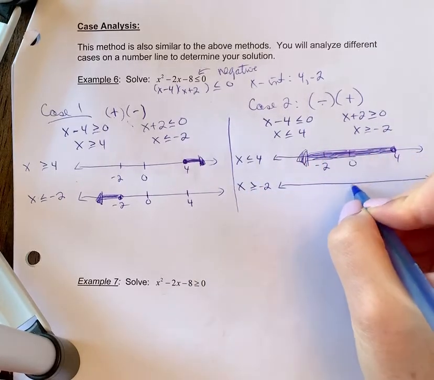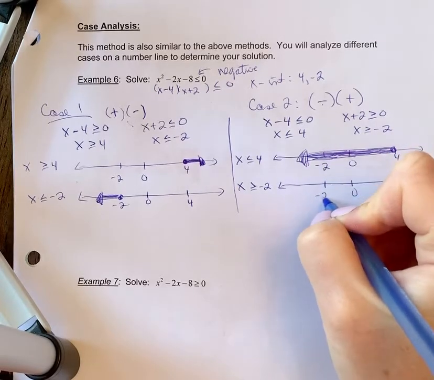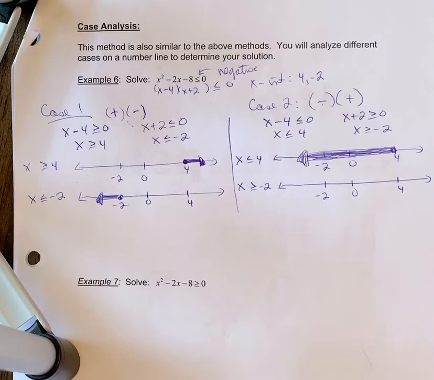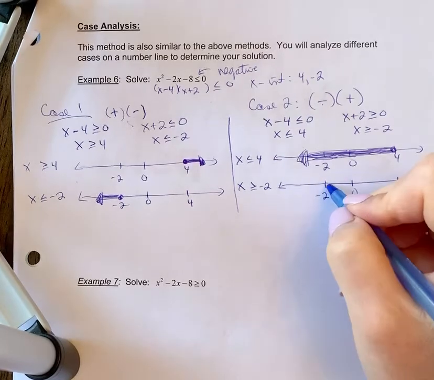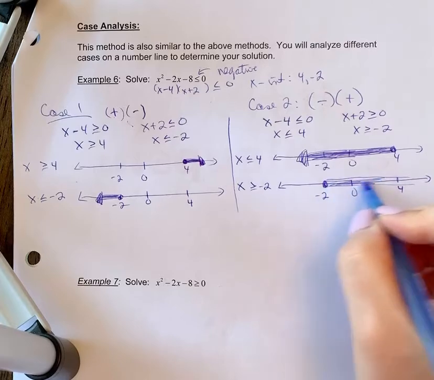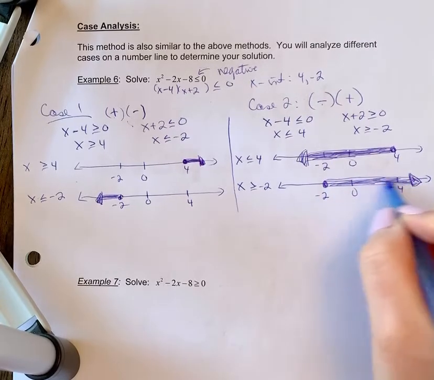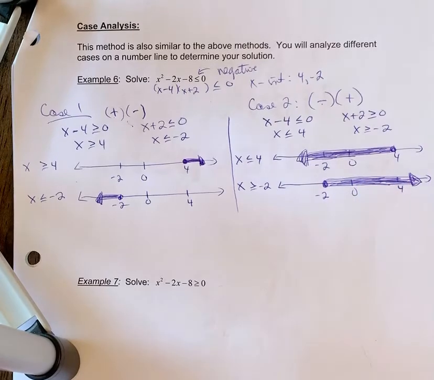Again, the key is lining up the same number line. It's going to help look for overlapping in the next step. So x is greater than -2. Again, I want to shade past the other critical point. It'll make this easier.